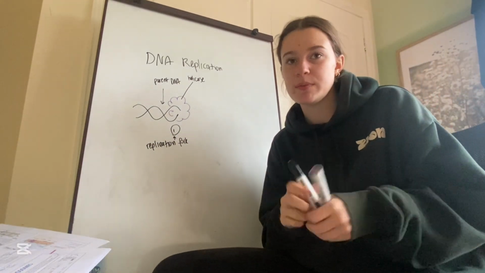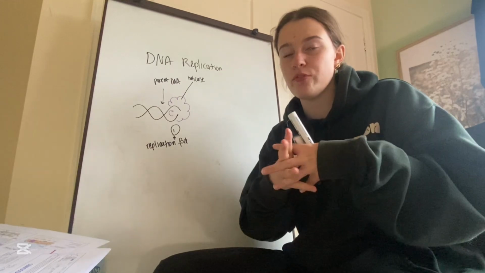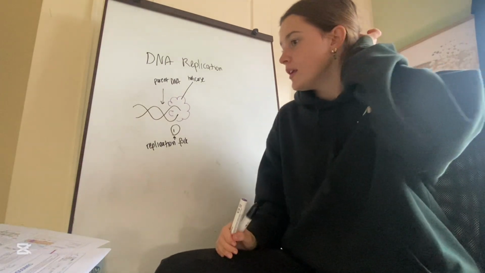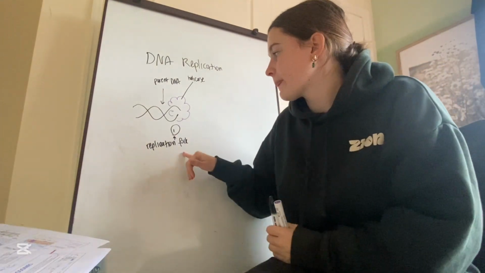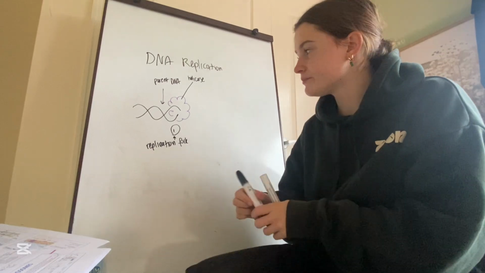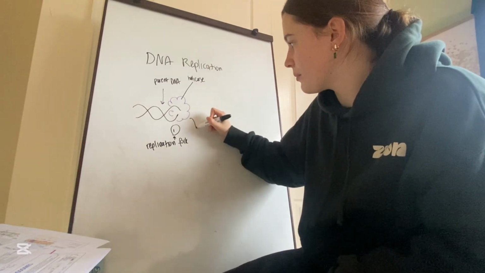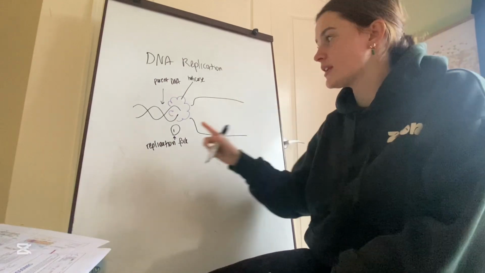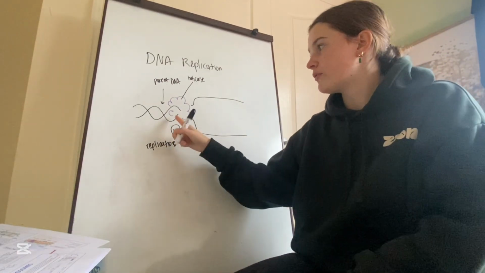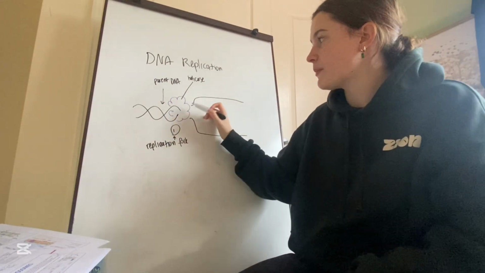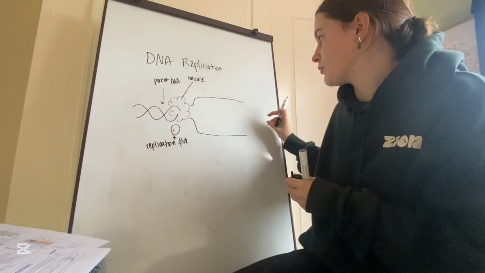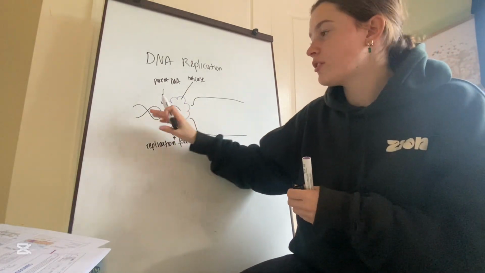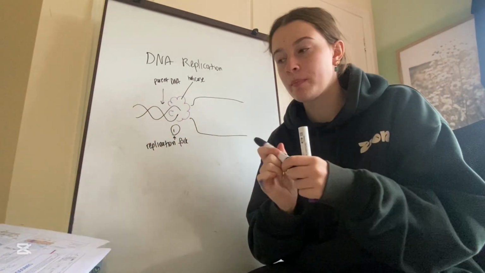It's not actually a specific place, it's just the name for where this happens. The enzyme unzips it, and then you end up with two sides. The helicase enzyme goes along and unzips it as it goes.